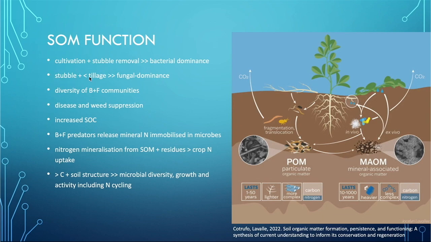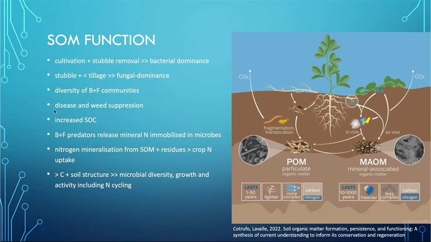But if we leave that food, that organic matter, and reduce tillage and disturbance of the soil, we will actually increase fungal dominance. We'll make this system more robust. Fungi grow slower and are much more efficient in carbon decomposition than bacteria. So the diversity of fungal and bacterial communities very much depends on how we manage that soil.